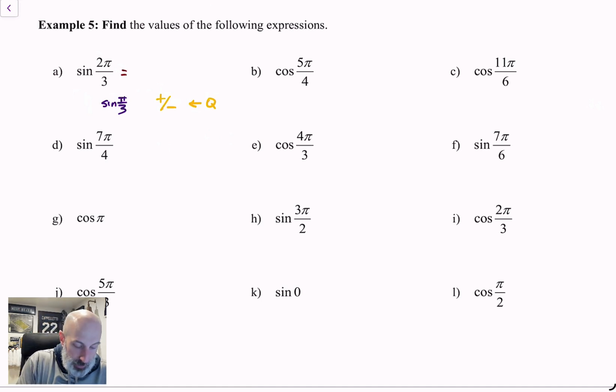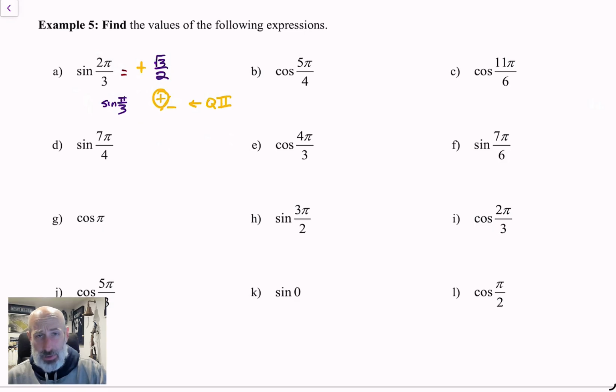So the pi over 3 is root 3 over 2, and 2 pi over 3 is in quadrant 2, where sine is positive. You could do the all students take chemistry. You can look at quadrant 2 having negative x's and positive y's, but we're going to have a positive root 3 over 2. You don't have to write the plus. I'm doing it for effect here.